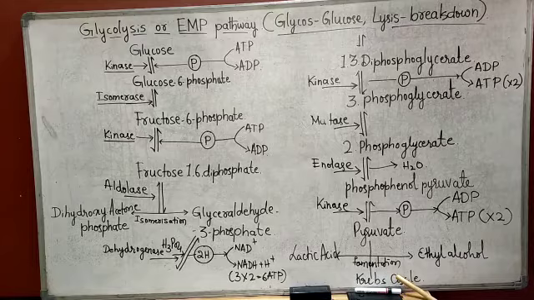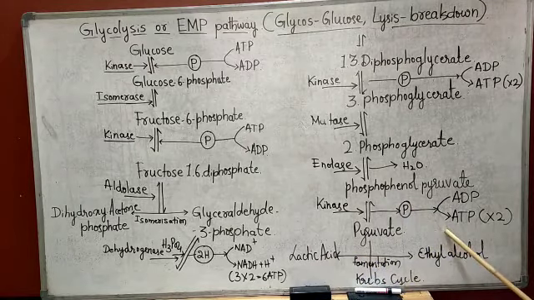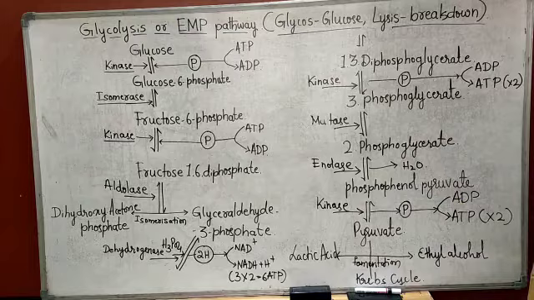In the absence of oxygen, this pyruvate undergoes fermentation. Either lactic acid or ethyl alcohol is formed. Lactic acid formation is called lactic acid fermentation. Ethyl alcohol formation is called alcoholic fermentation.